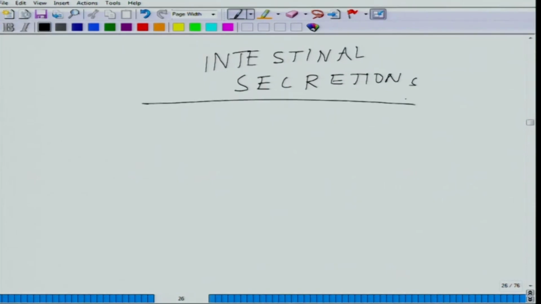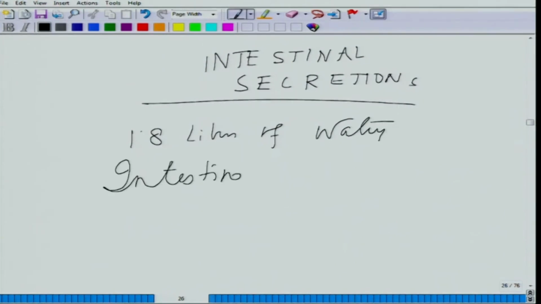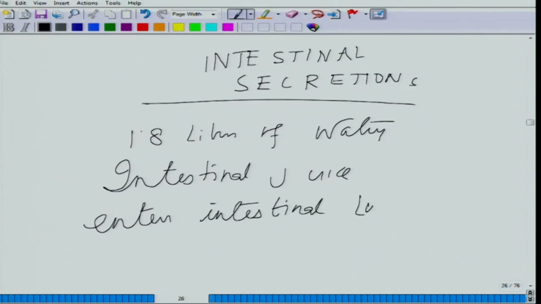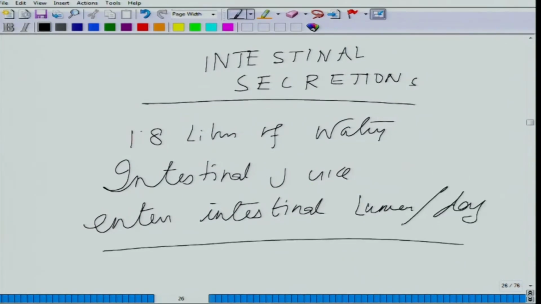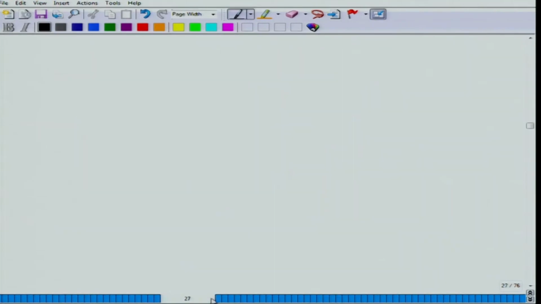Roughly 1.8 liters of watery intestinal juice enters the intestinal lumen per day. Okay. And much of this is used for breaking up the food and for promoting the movement of the food and all other things.